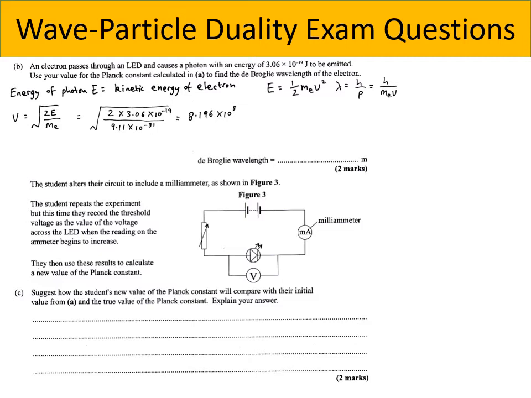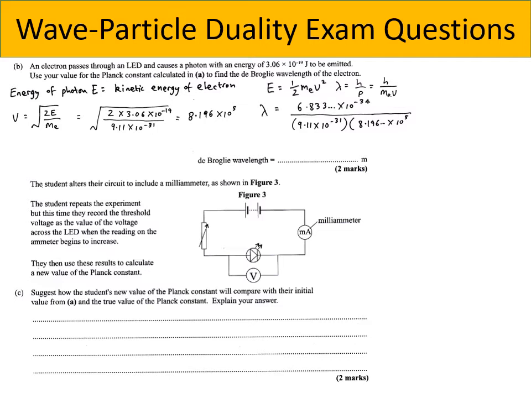So, rearranging to make v the subject of the kinetic energy equation, we have v is equal to the square root of 2 times E divided by m_e, which is equal to the square root of 2 times 3.06 times 10 to the power minus 19, which is the energy of the electron as it's emitted, divided by the mass of that electron, which is 9.11 times 10 to the power minus 31, which is equal to 8.196 times 10 to the power 5 meters per second.